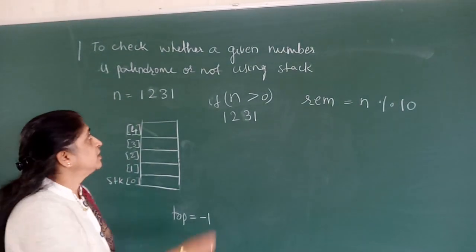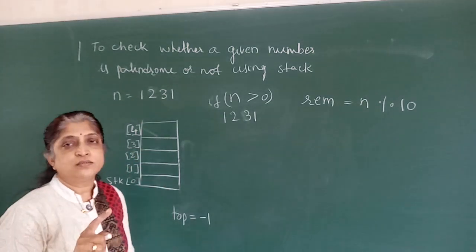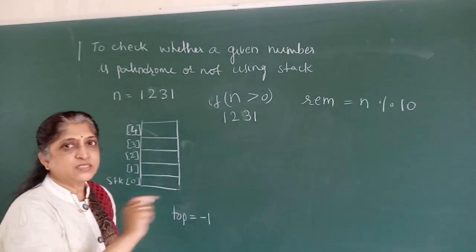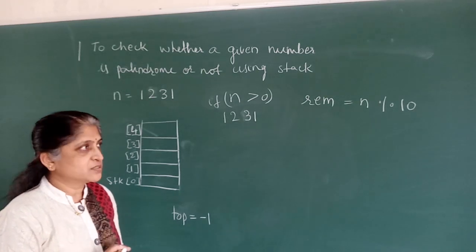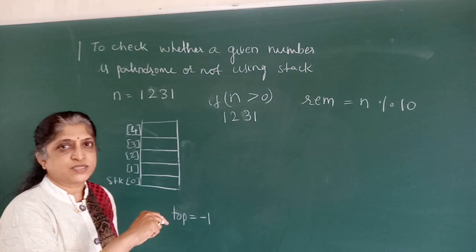The number I have taken now is 1231. Let's perform the same operation and let's see how it works. First thing is, I have to find the digits of this number and push them into this stack.